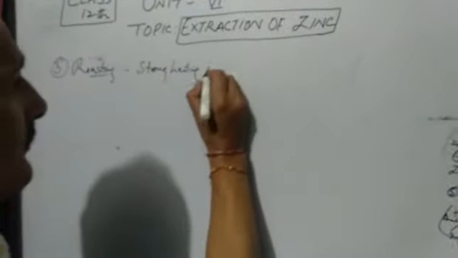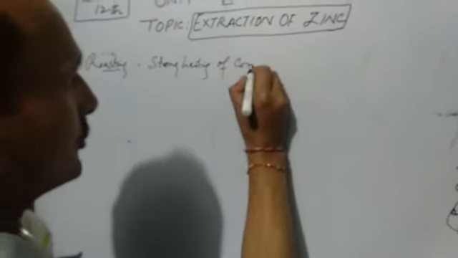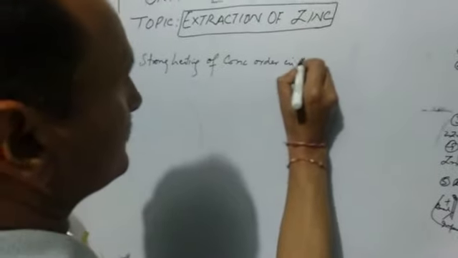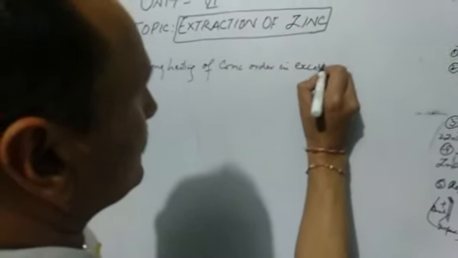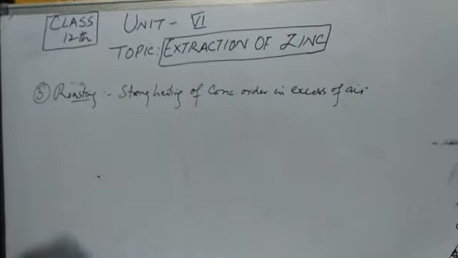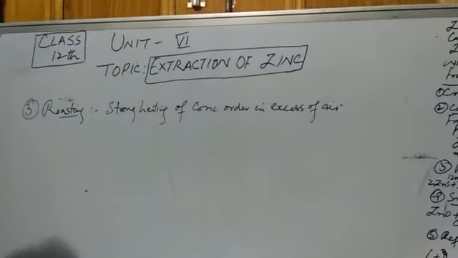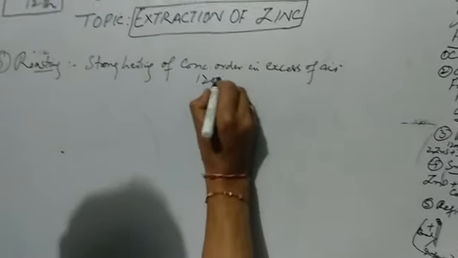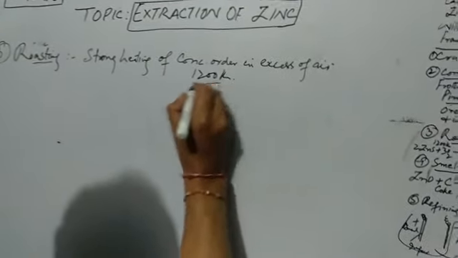Strong heating of concentrated ore in excess of air is known as roasting. So roasting is done by strong heating the concentrated ore, and the temperature that is used in roasting is 1200 kelvins.